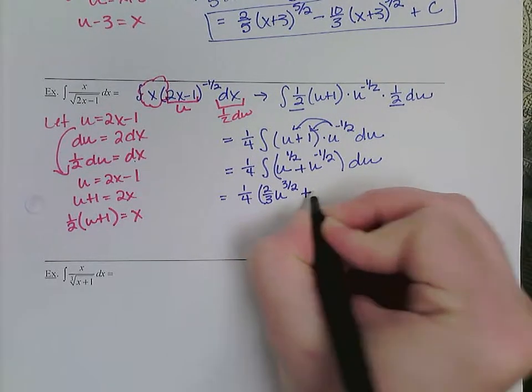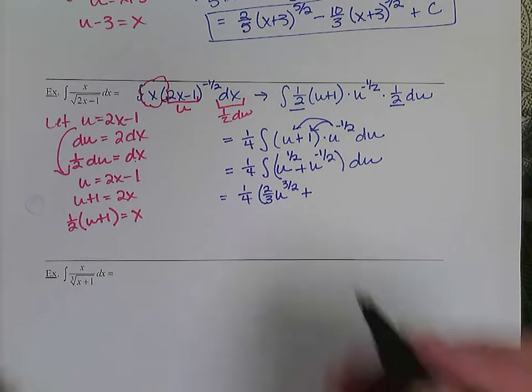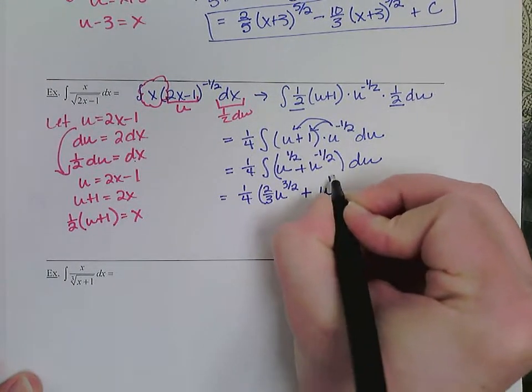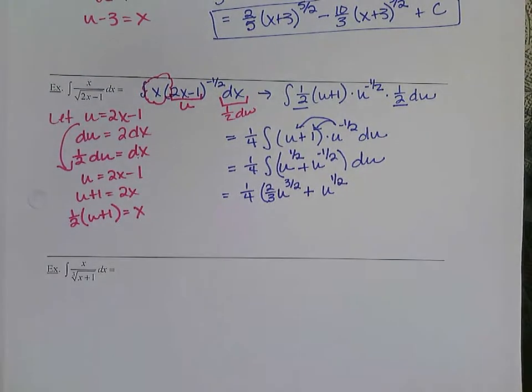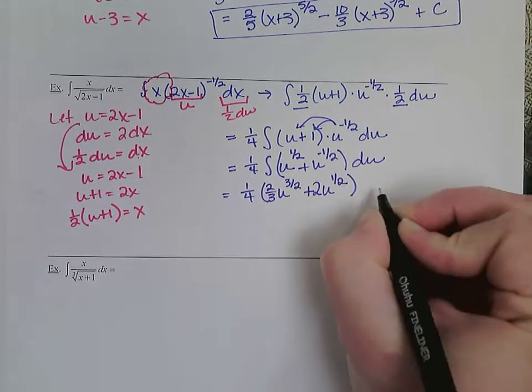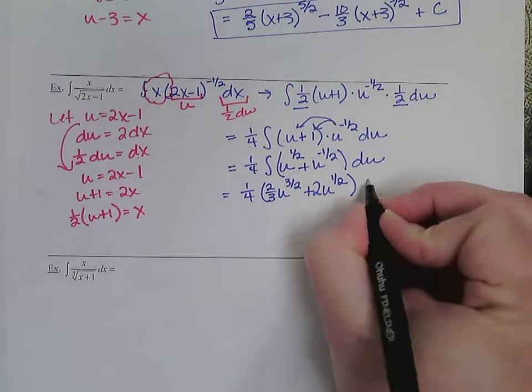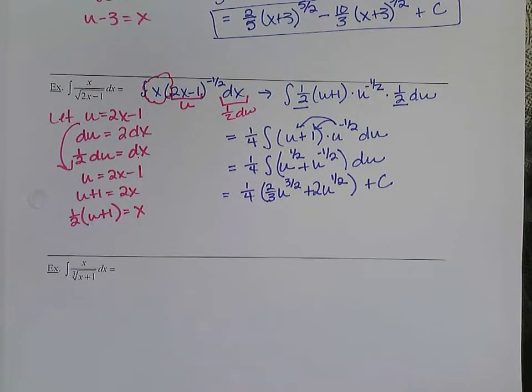Plus, the antiderivative of u to the -1/2 is u to the 1/2 divided by 1/2, or times its reciprocal, 2 over 1. Oh, plus c. I'll put our plus c there.